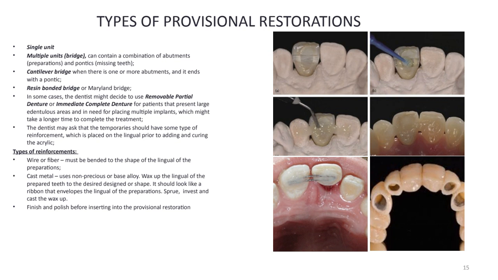So we do a wax up on the model, we remove the wax up, we invest it, and cast it. Usually we use base alloy for this type of procedure. We finish the casting and then we use that to insert inside the temporary restoration.